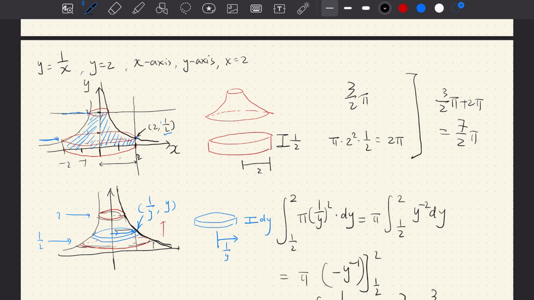And another way to cut this solid is to try to cut it this way, where here you cut it along the x-axis and you get a very long cylinder, and the remaining solid here is shaped like this with a hollow inner core.